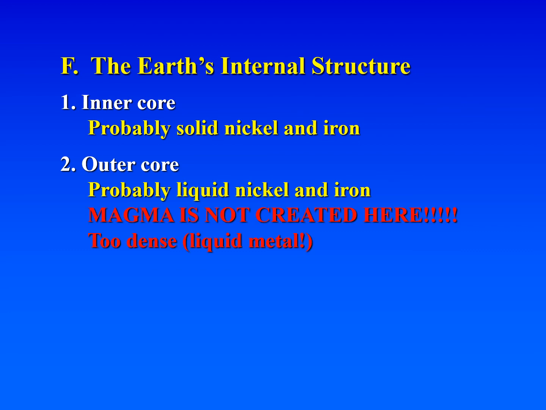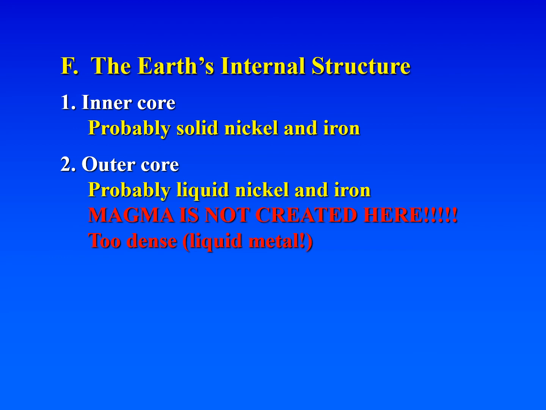Now, even though this is liquid, this is not where volcanoes get their magma from, okay? This is liquid metal. Volcanoes don't spew metal out onto the ground. They spew molten rock. So the magma that we have in volcanoes, and when we get to the volcano chapter in a couple weeks, it's not coming from this zone, okay?